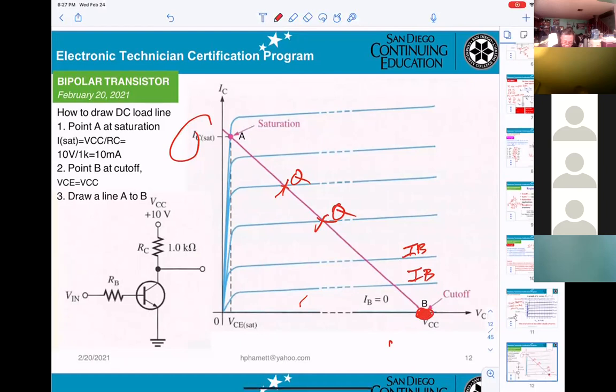You understand VCC, that one here? At saturation VCE is approximately zero. Right here, the voltage is VCC, 10 volts. Then for the point here, you take 10 divided by 1, and that will be 10 milliamp.